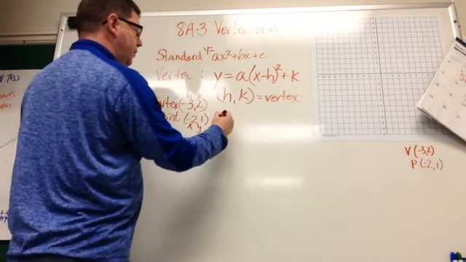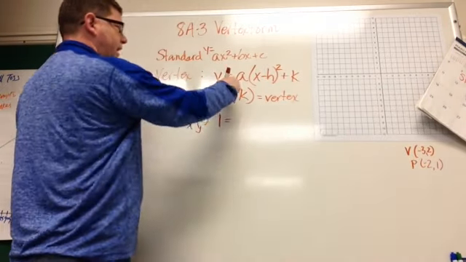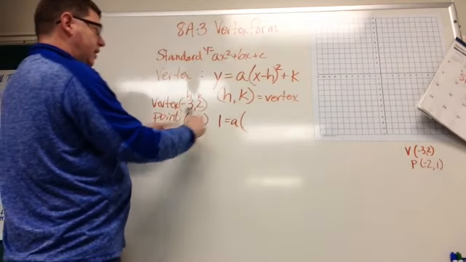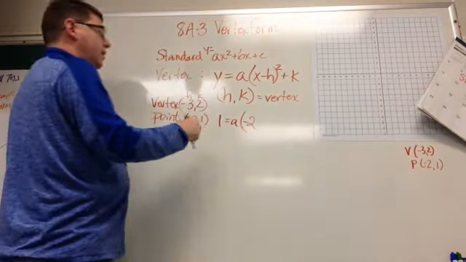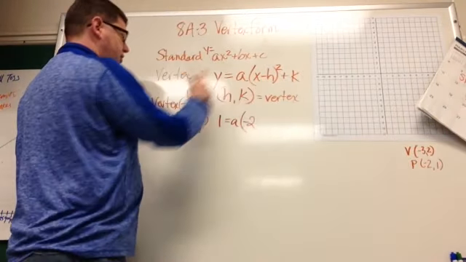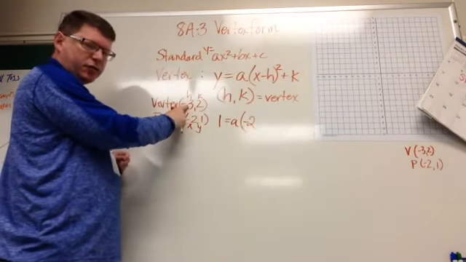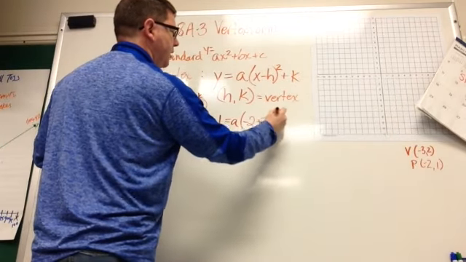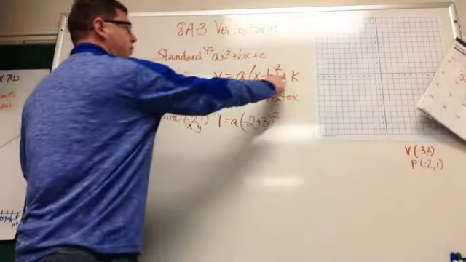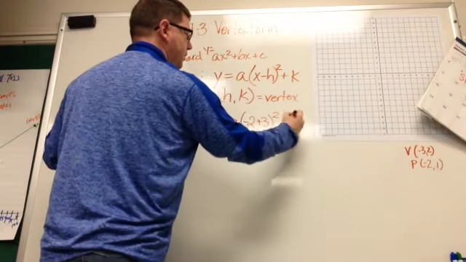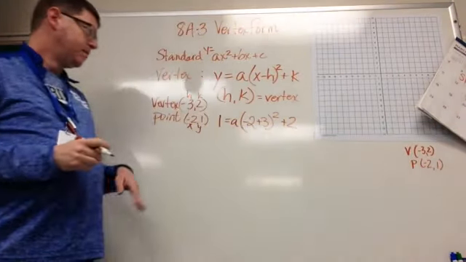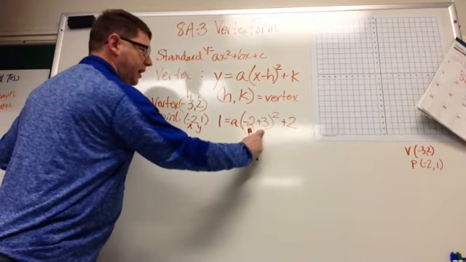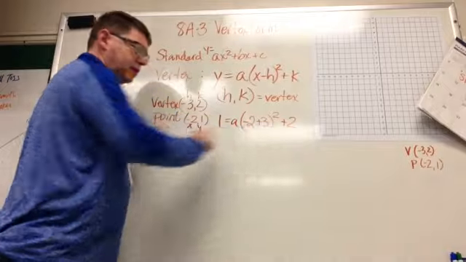So instead of y, I'm going to put 1 equals a, which I'm still looking for, times x, which is -2, minus h, and minus -3 is the same as plus 3, squared, and then plus k, which is plus 2. So I have the x, the y, the h, and the k plugged in.